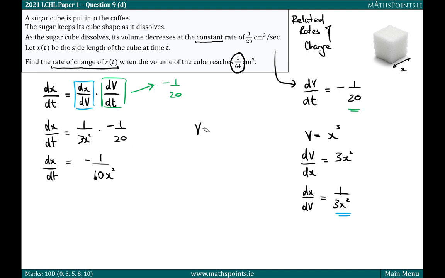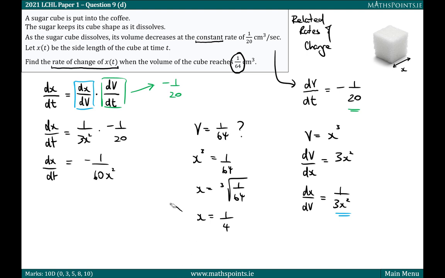We know that the volume is equal to 1 over 64, and the question is, what's the side length at that time? Well, x cubed is the volume, so x cubed is equal to 1 over 64. And if we get the cube root of 1 over 64, we get that when the volume is 1 over 64, the side length is 1 over 4, or 0.25.